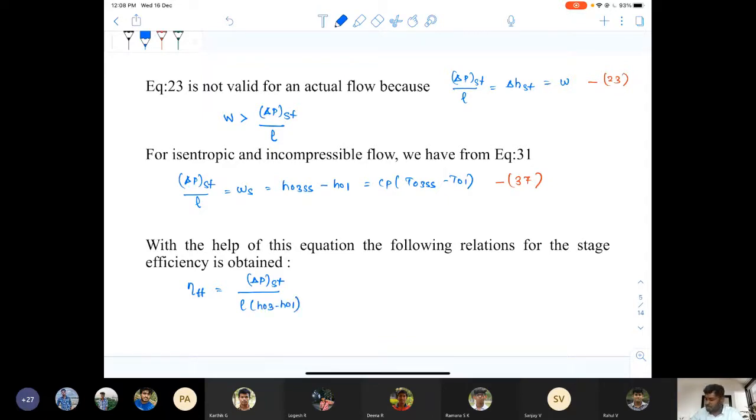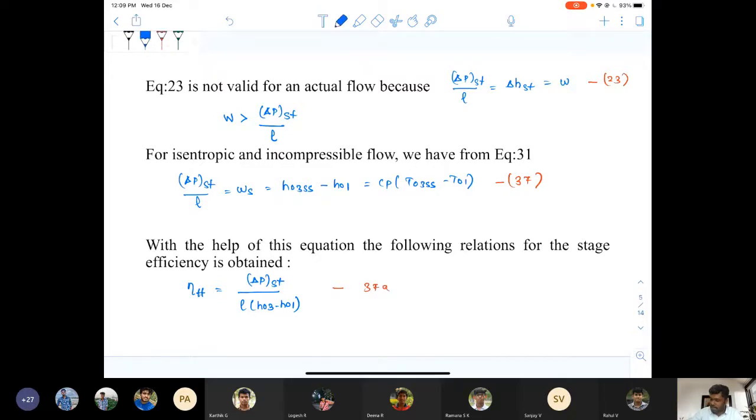We have just taken this equation and made it come in the denominator. Therefore, Ws is equal to delta P at the stage by rho into H03SS minus H01. Consider this as equation number 37A.